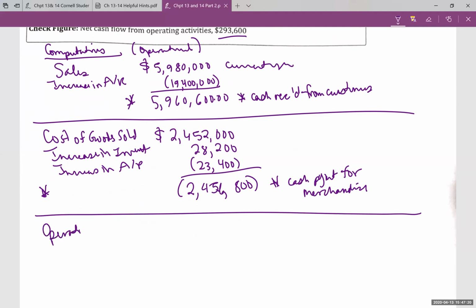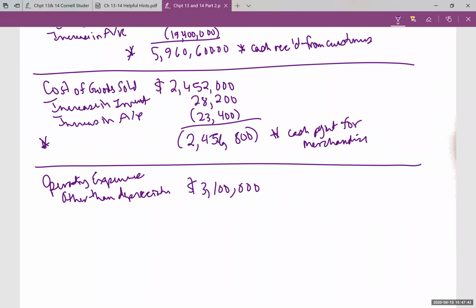And then operating expenses. Okay, other than depreciation. So we need to subtract out, this will be a big minus when we get over here.